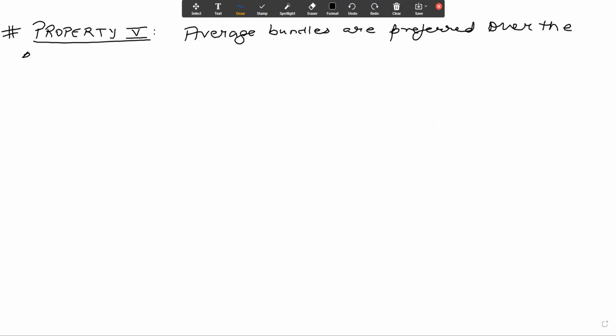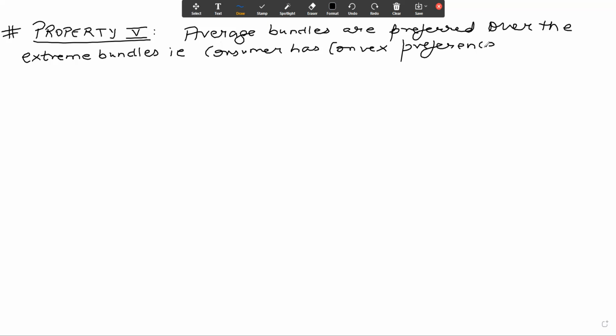That is, the consumer has convex preferences. Now, students should not get confused between convex IC and convex preference.